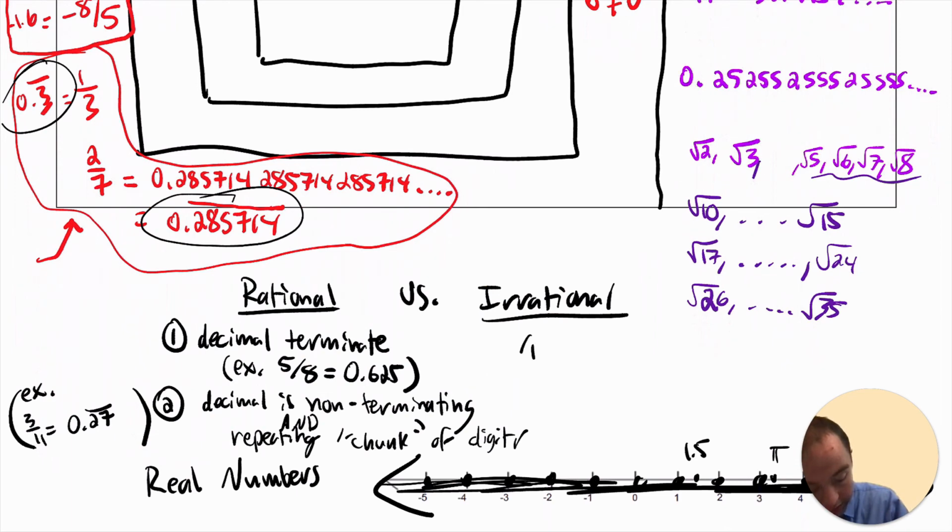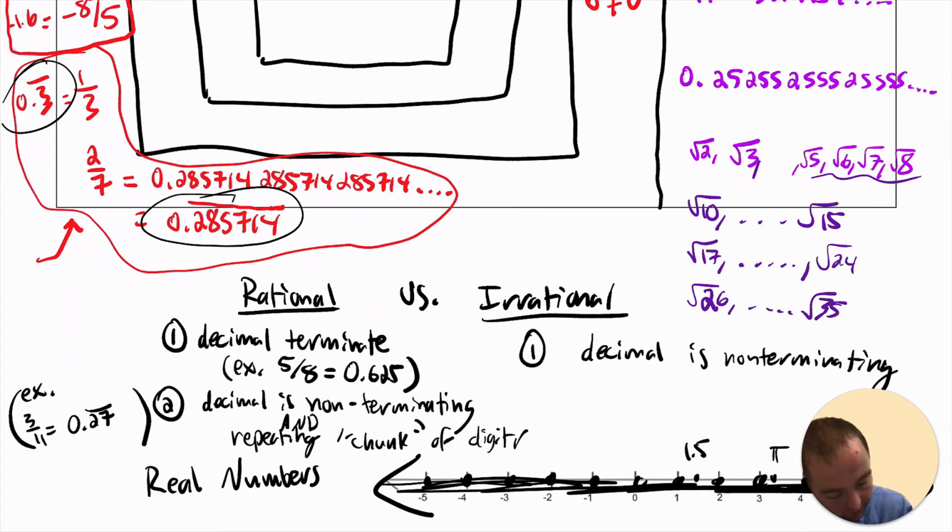For irrational numbers, there's really one description we can give, and that's to say that the decimal is always non-terminating for irrational numbers.